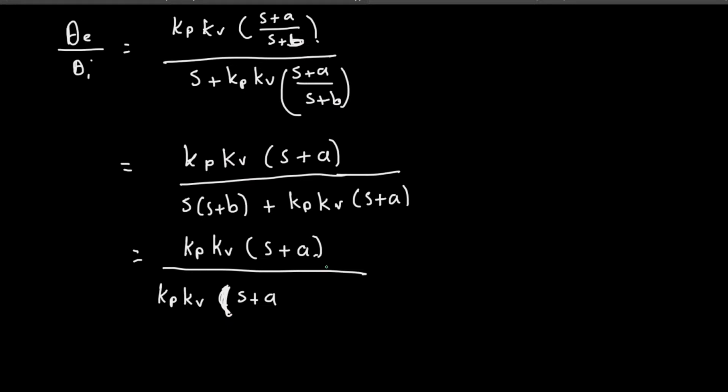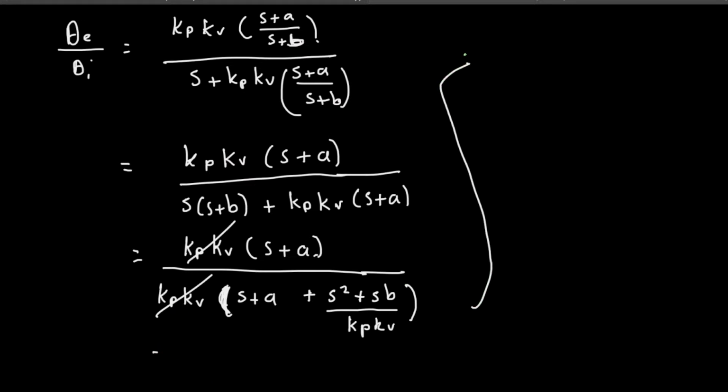And for this one we are going to have s squared plus sb, if we expand this bracket right here, and that one should be divided by Kp Kv, because that doesn't have a multiplication of Kp Kv. So to get this one back when we multiply, we have to put a Kp Kv in the denominator, and now it's good. Okay, the next thing is we can cancel this Kp Kv. That's the reason we take it outside.